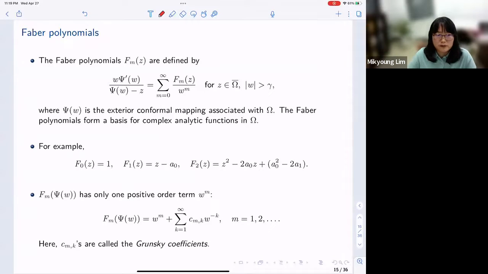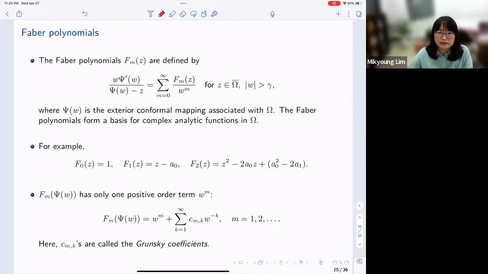The Faber polynomial, by its name, I can figure it out, it's a polynomial, and the order of F_m is m, defined by this generating relation. So W times psi prime divided by psi(W) minus z has an expansion in terms of W, whose coefficient is a function of z.